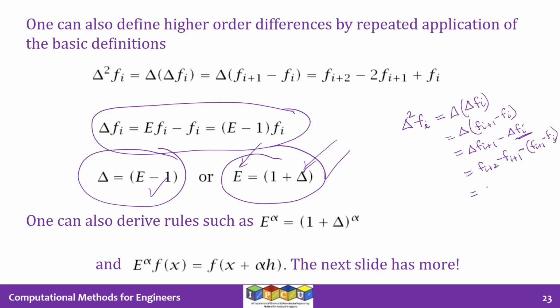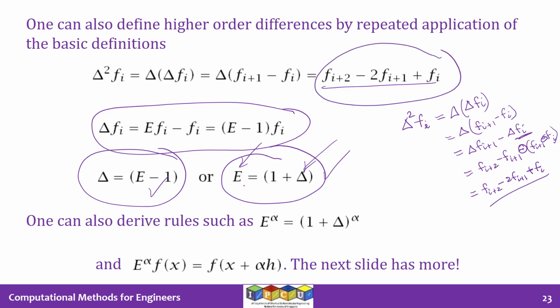If you expand this, you are going to get Fi plus 2 minus 2Fi plus 1 plus Fi. So minus into minus will give us plus. So this is what you get, and this is what I've written here. So the second forward difference operator applied to Fi, or in other words, the forward difference operator applied twice in sequence to Fi, gives us this value.